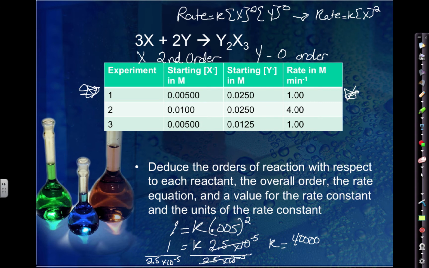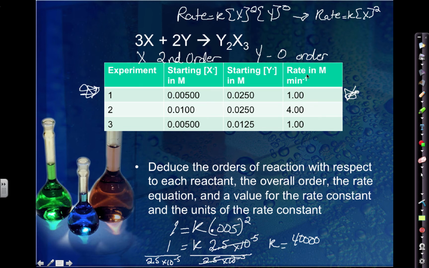Remember, I told you that the units will vary for K. It depends on what type of reaction you have, if it's 0 order, first order, second order, whatever. So we need to figure out what the units should be. So what I like to do is I like to say, okay, my rate equation is this. Well, rate in this case is measured in moles per minute.